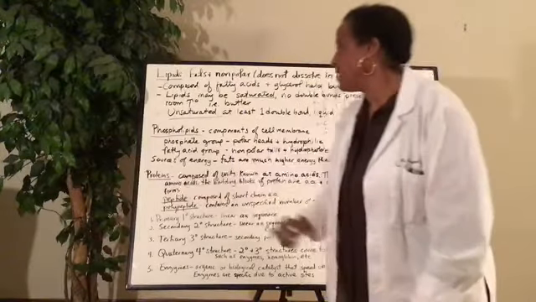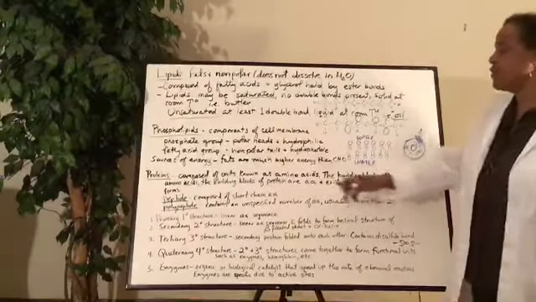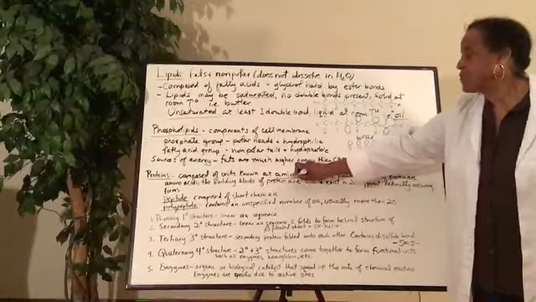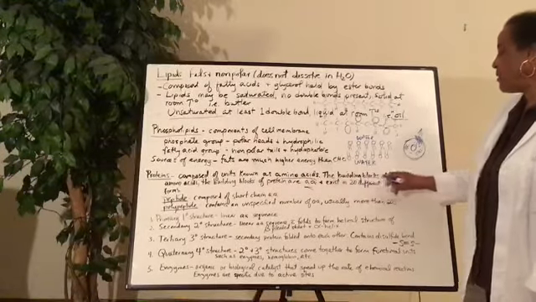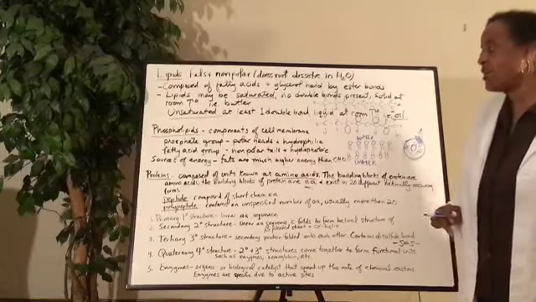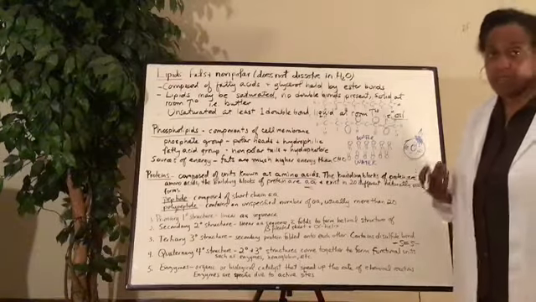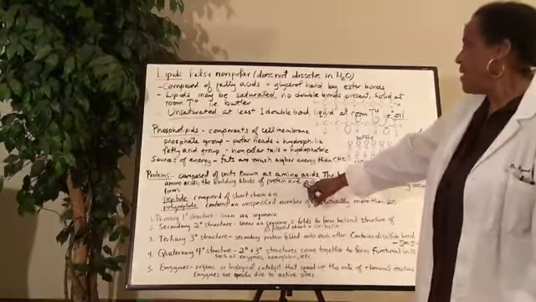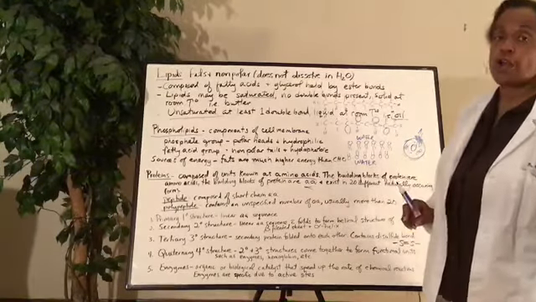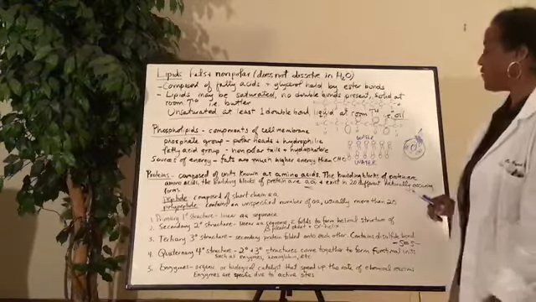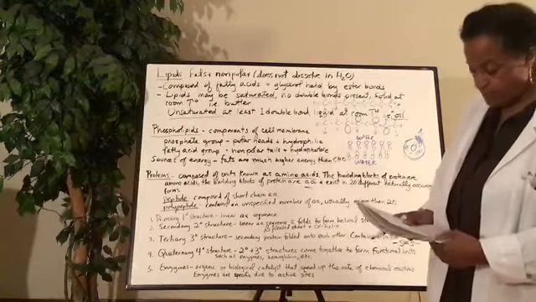Let's look at proteins. Proteins are composed of units known as amino acids, which I will abbreviate as AA from now on. The building blocks of proteins are amino acids. So proteins are made of amino acids. And they exist in 20 different naturally occurring forms.